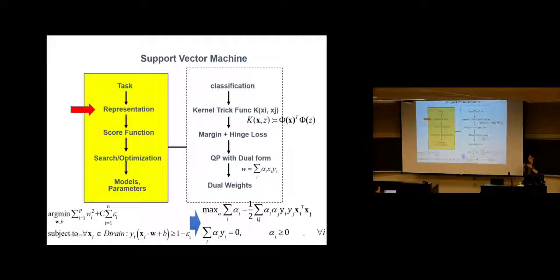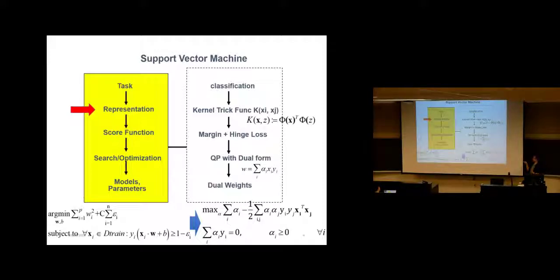The most important pattern used in SVM is not raw features, it's pairwise similarities among samples. And how do you produce it? It's produced by something called the kernel trick.